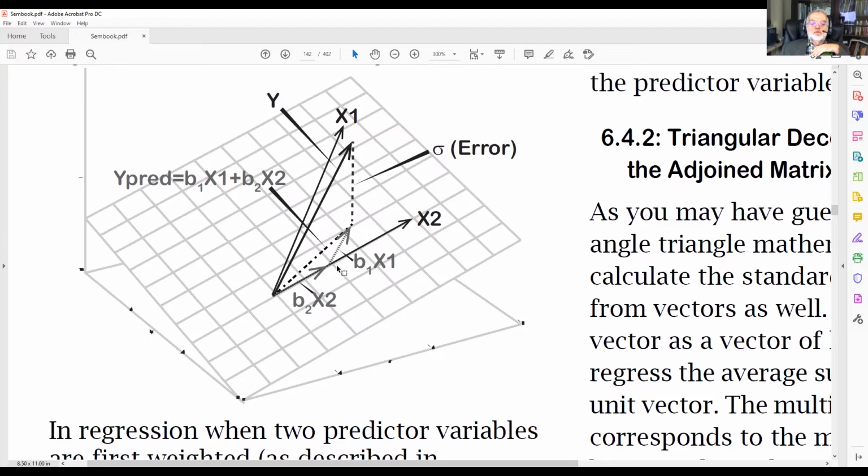Well, the unstandardized regression weight for the first variable and for the second variable, the sum of b1 times x1 plus b2 times x2, gets us to fall right beneath y. And the length of this vector here is the error variance, the variability in y not explained by x. And the length of this line on the x1, x2 plane is the standard deviation of y predict again.